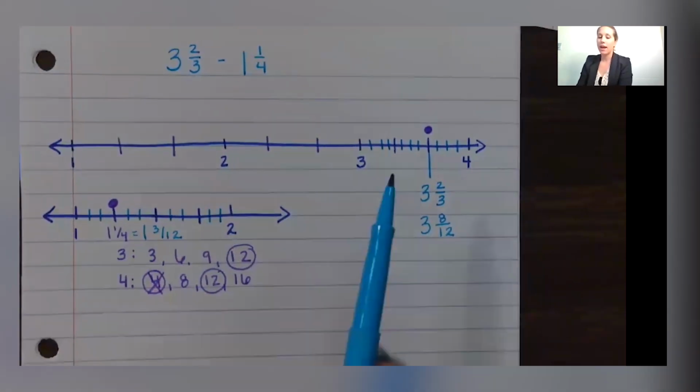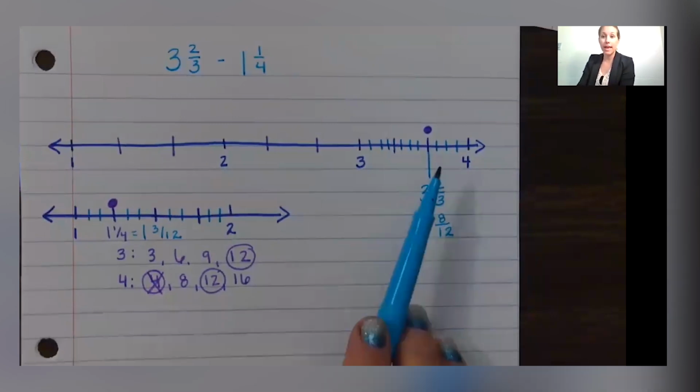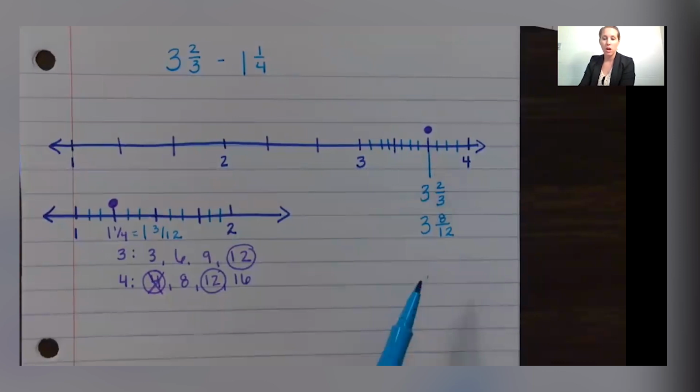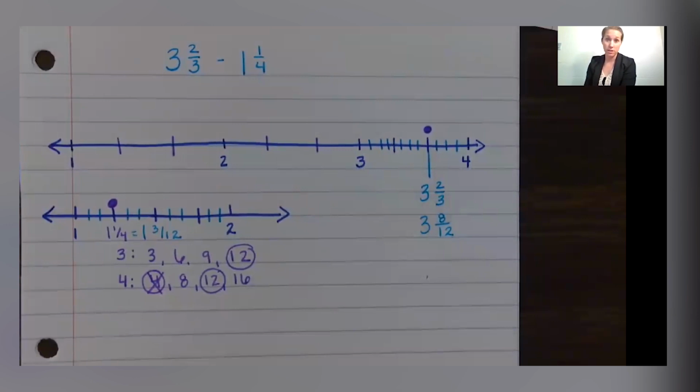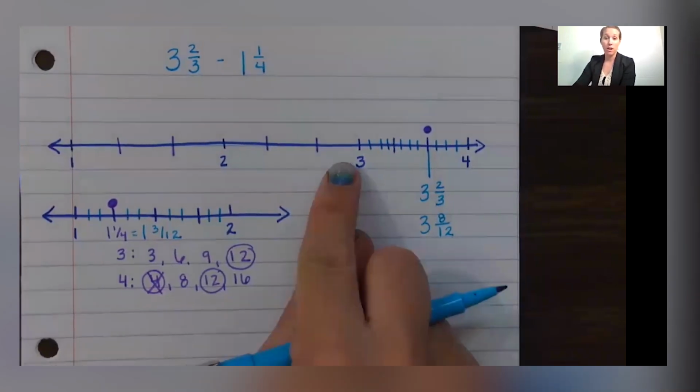Now, looking at our first number line, we will need to take away 1 and 3/12 from 3 and 8/12. What do you think we should do first? Okay, I heard somebody say they think the rest of our graph needs to be cut into 12ths. So let's do that. Remember, between each third, we're going to make 4 equal pieces to get 12ths.